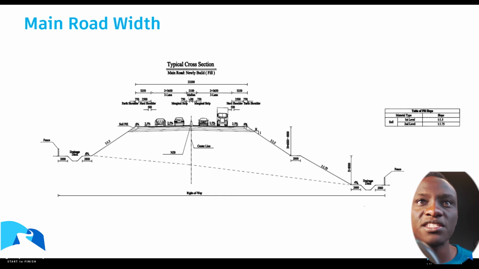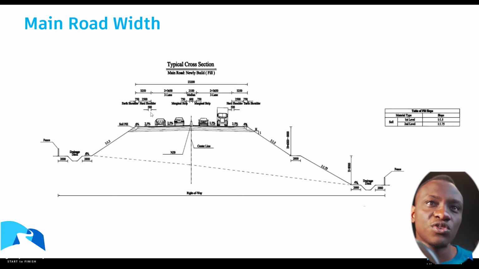So, what road width are we looking at for the main road? What we shall be looking at is we shall have a median of 2.1 meters, so 600 millimeters for the New Jersey barrier, 750 for the marginal strip. After that, we shall have two lanes which are 3.65 meters, and then after that we shall have 500 millimeters.